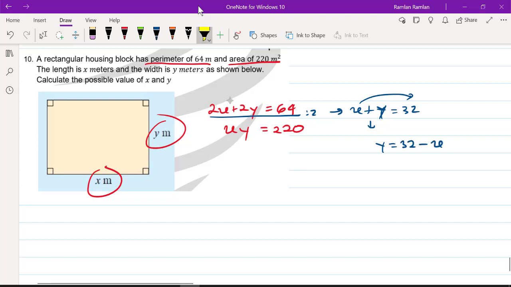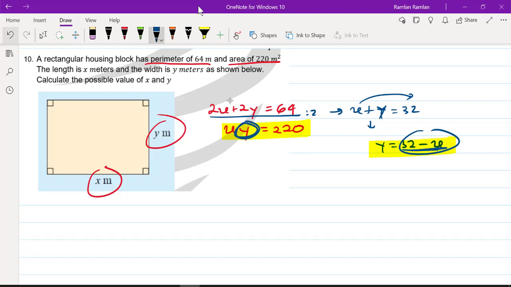As you can see, both equations have the same values of x and y. Which means that I can replace this y, because y equals this, so I can change it into this.